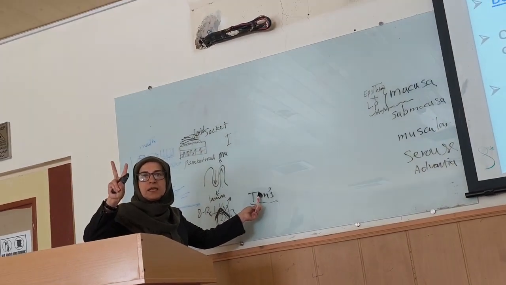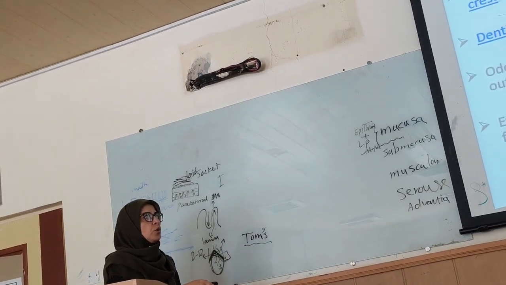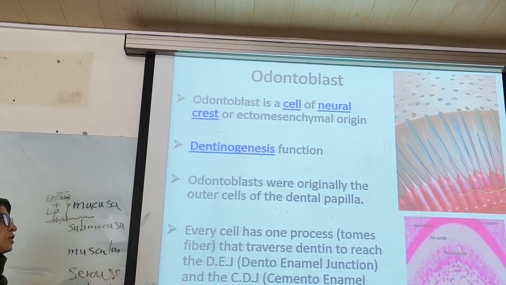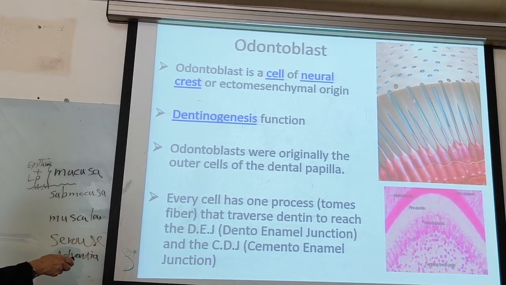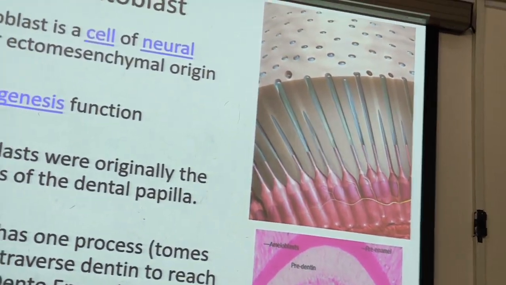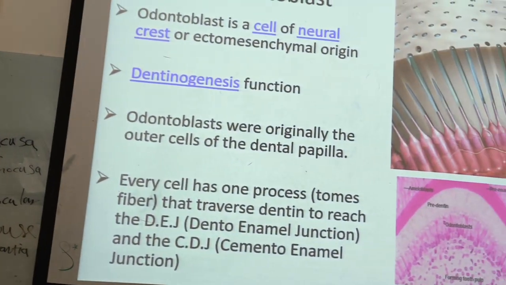Both ameloblasts and odontoblasts have this process, but in the odontoblast it is very long. The production of the matrix is done in this process and precipitates around here and finally forms these tubules.